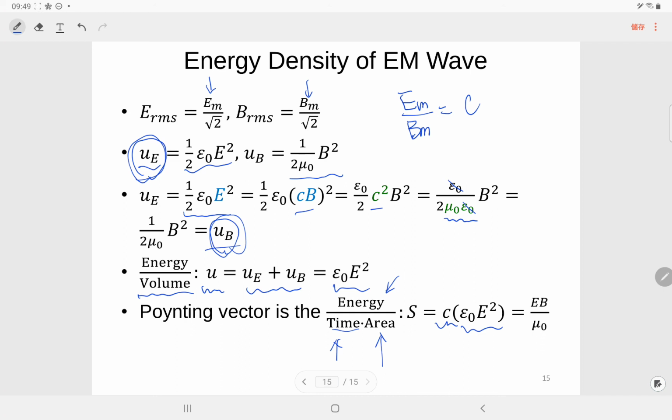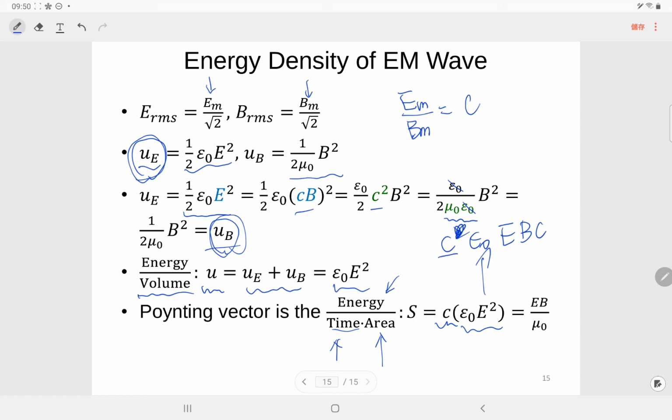So now we have E squared, which you can change to EBc. So E squared should be EBc, and then we have epsilon naught c squared, still c.